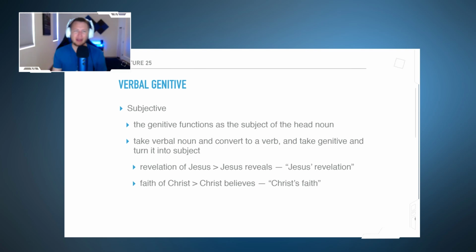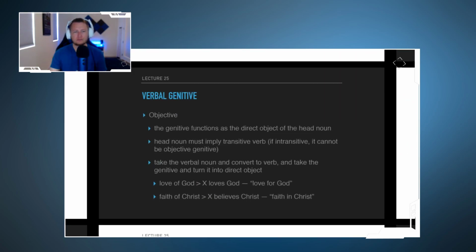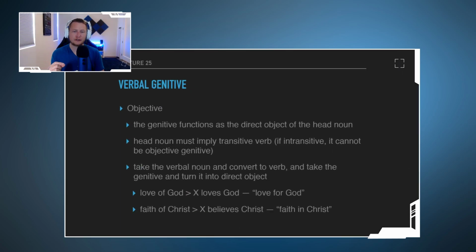Now, compare that with the objective genitive. The objective genitive functions as the direct object of the head noun. The head noun must imply transitive verb. If it is intransitive, it cannot be objective genitive. What does transitive mean? I hit the ball. Hit is transitive.